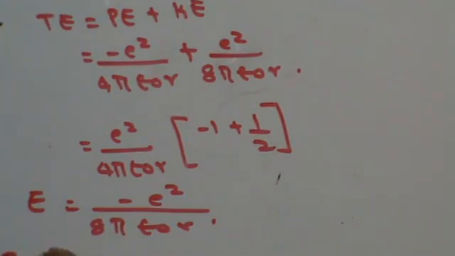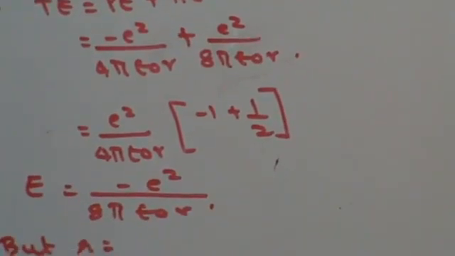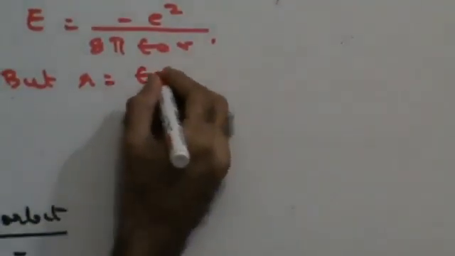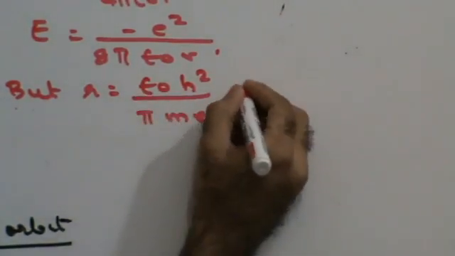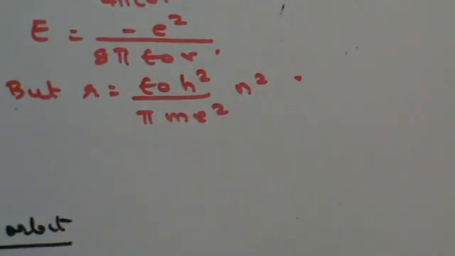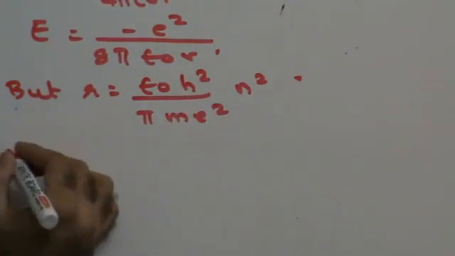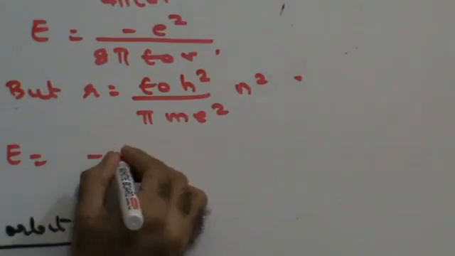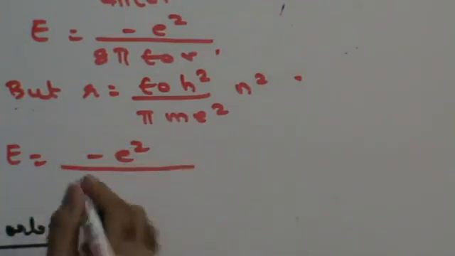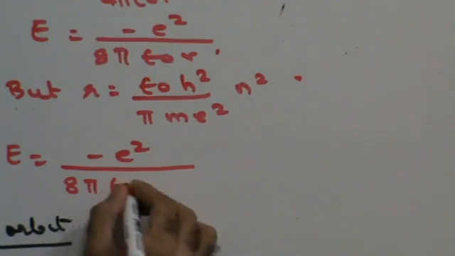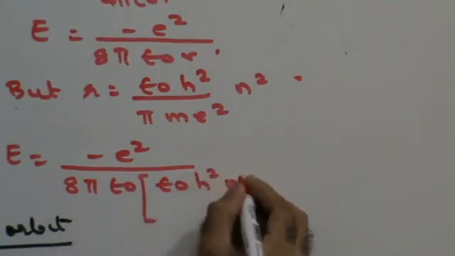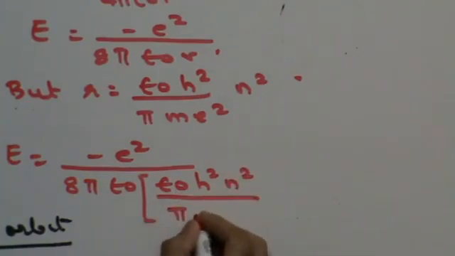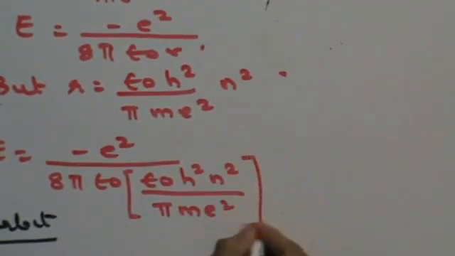But we have derived an expression for radius. We said that radius is epsilon 0 h square n square upon pi m e square. Substitute the value of radius here. If I substitute, I will get total energy is minus E square upon 8 pi epsilon 0 into h square n square upon pi m e square.